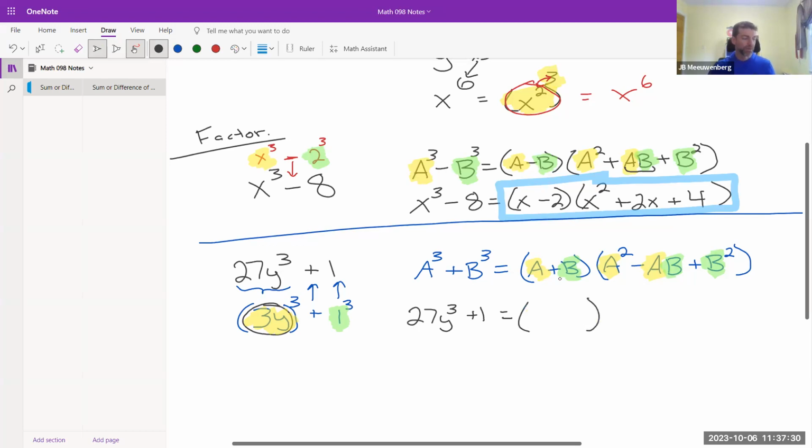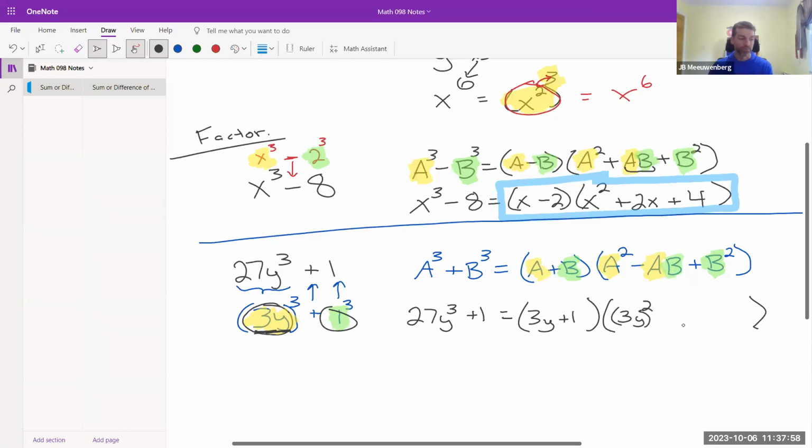So the first binomial, a plus b, is 3y plus 1. This shows the a and the b. Times this trinomial. So this one you want to be a little careful with, because our base has a number and a variable. You might even want to write it out as 3y squared like that first.